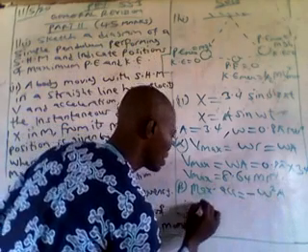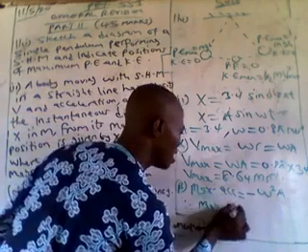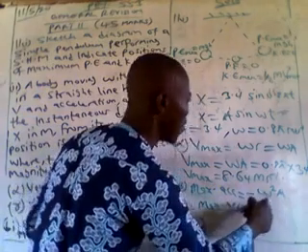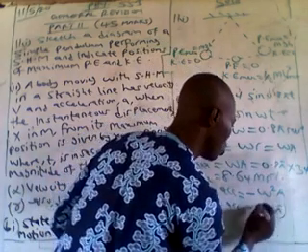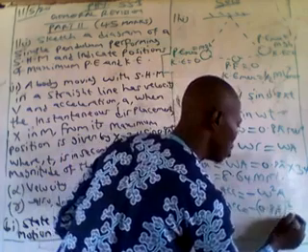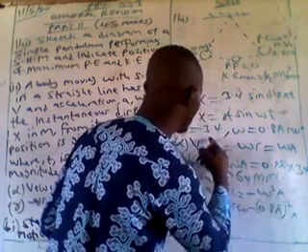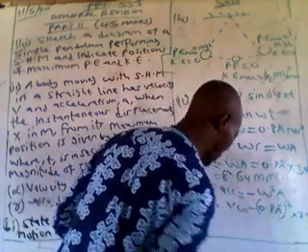Therefore, our maximum acceleration will be minus our omega, which from here is 0.8 pi. So we square the whole of this, multiplied by the amplitude. Our amplitude is 3.4.